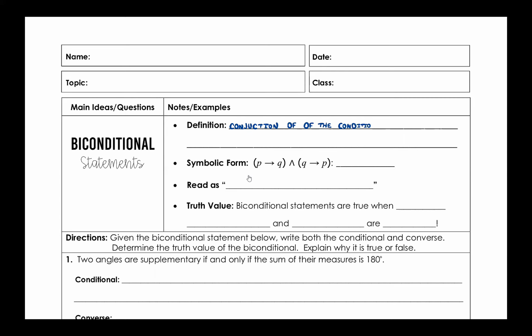The condition of the conditional statement. Yeah, all right. And the converse.